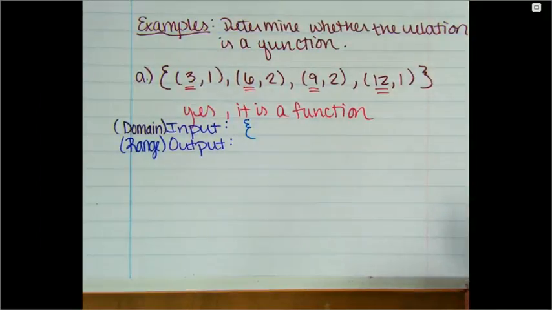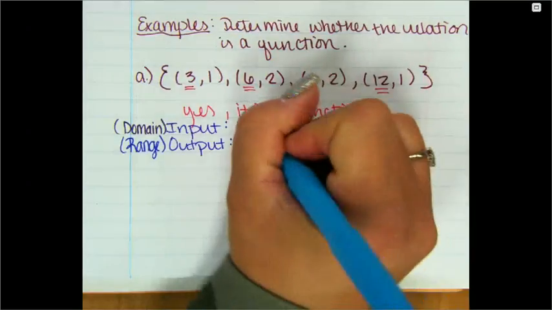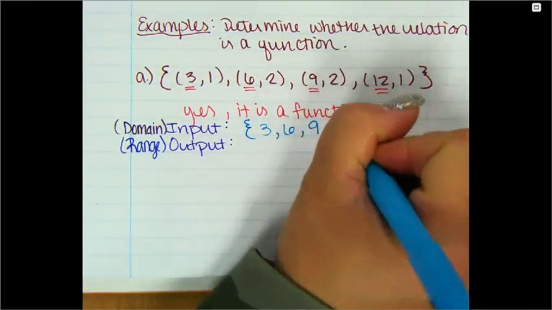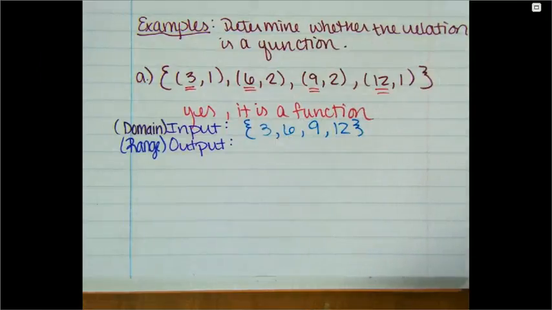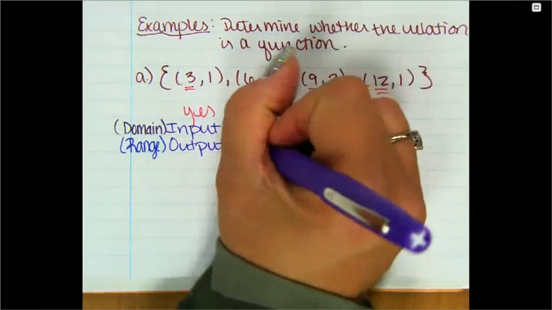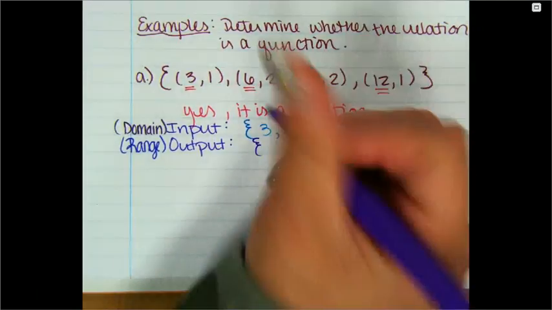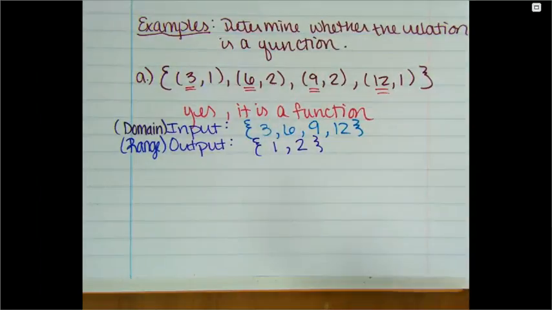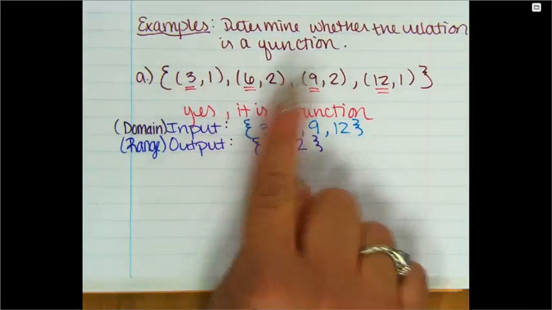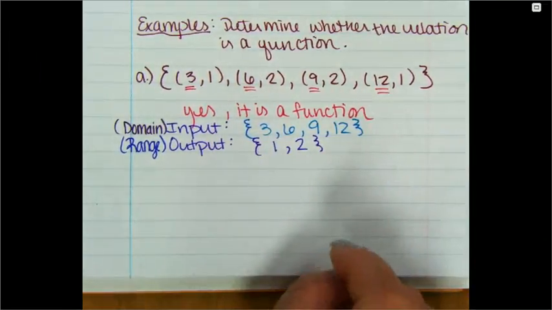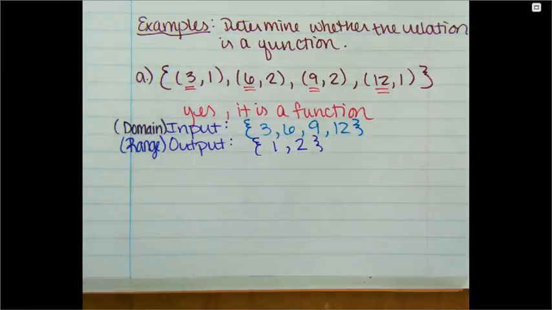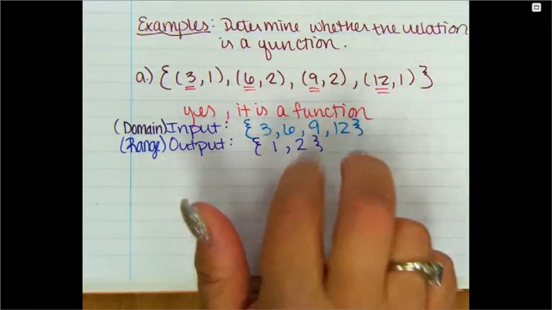It must be from least to greatest: 3, 6, 9, and 12. Now we're going to list our output. It must also be from least to greatest. So in other words, 1 and 2. I don't need to list it more than once if it's repeating. It's okay that your y's repeat. It's not okay that your x's repeat.